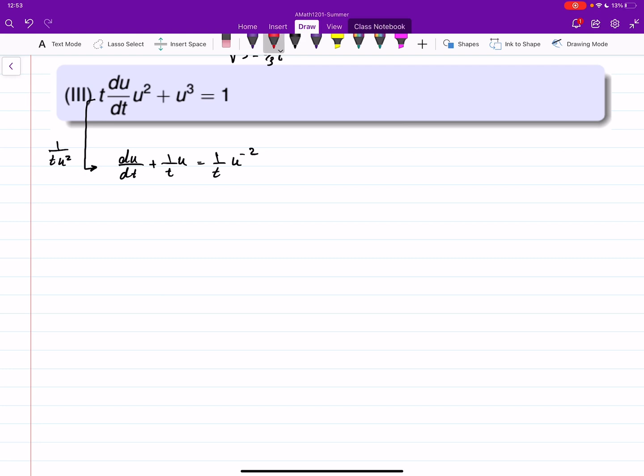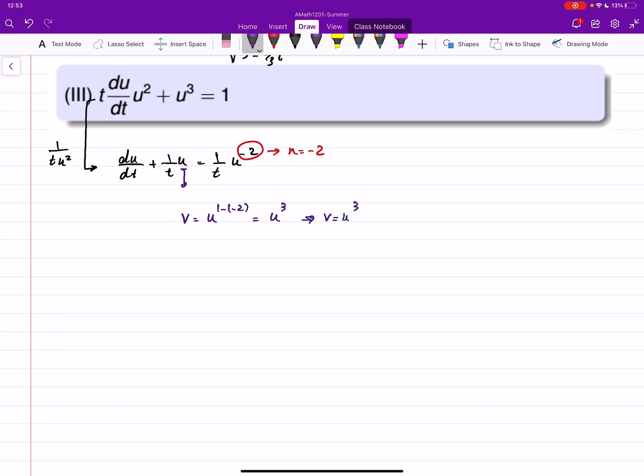This is Bernoulli, n is negative 2. And then you go ahead and apply the substitution you like. So here, since we already have u, I will use v equals u to the power 1 minus n, so u to the power 3. v is u to the power 3.